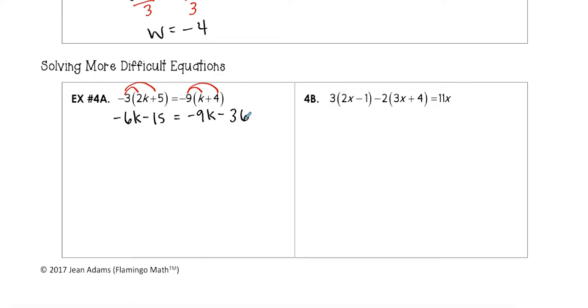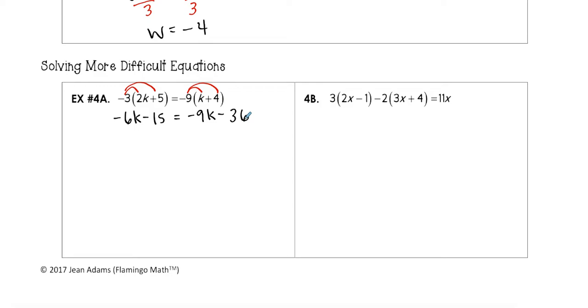All right. Okay, so a little bit different. I have k's on both sides, and I need to have k's just on one side. So I always like to move the k that is going to give me a positive number. So should I add 6k to both sides and then I get negative 3k?